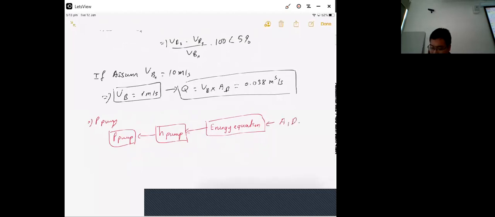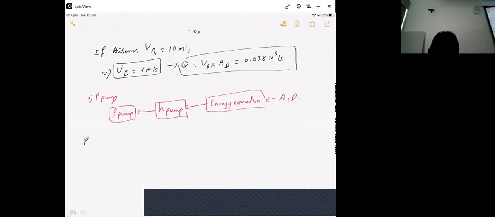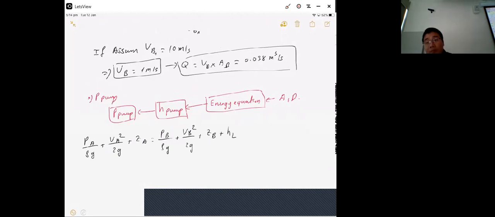A and D. Okay, so A and D, energy equation. PA over rho g plus Z, VA squared over 2g, that's A, equals PD over rho g plus Z, VD squared over 2g, that's D, plus energy loss. The problem is the energy loss.